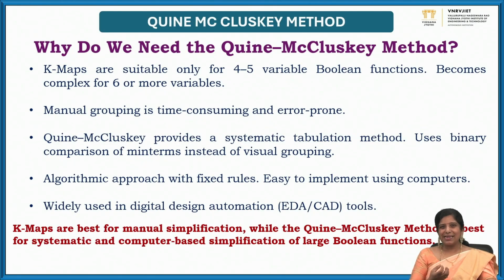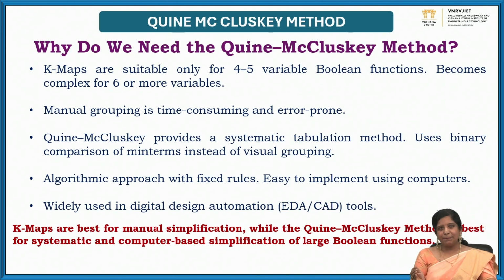It is time consuming, and if you do the wrong grouping, it may result in errors. The Quine McCluskey method provides a systematic tabulation procedure where you compare the minterms which differ by 1 bit, and then go to the next step.